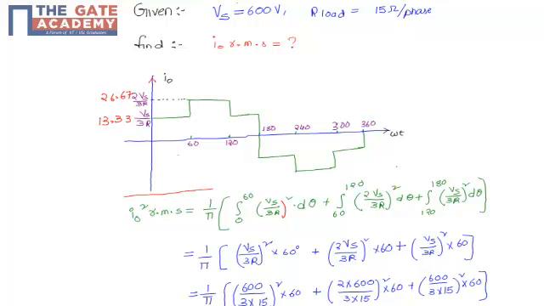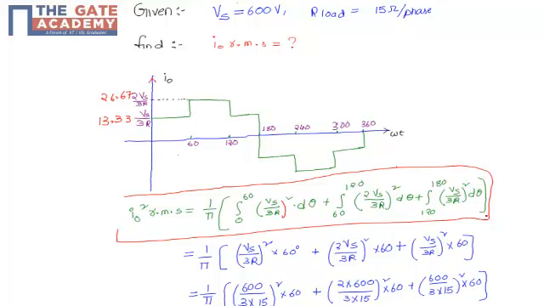This is the formula to calculate the value of I0 square RMS.